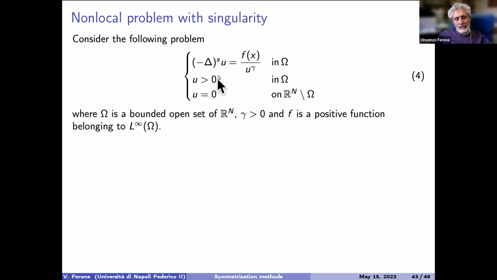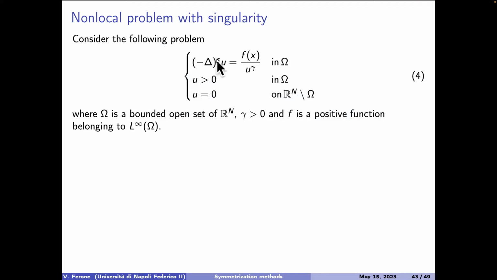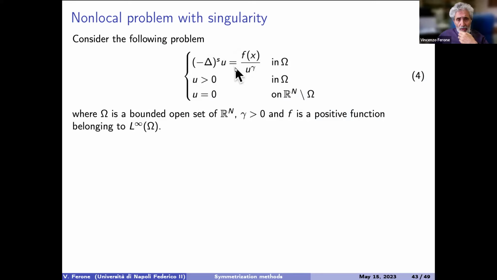Or also, we have considered a problem like this, which has been already considered in the case of local operators. So problems with singularity, where on the right hand side there is u to the power gamma, where gamma is greater than 0, and f is a positive function belonging to L infinity.